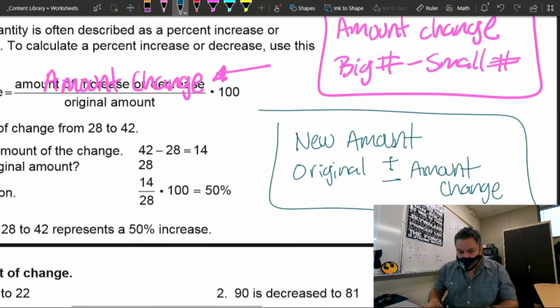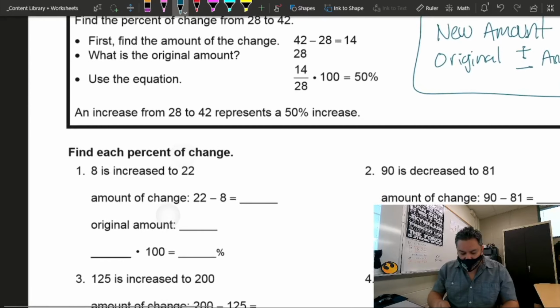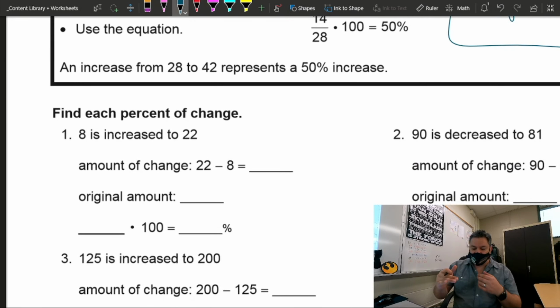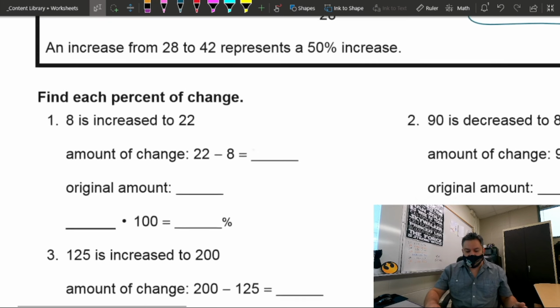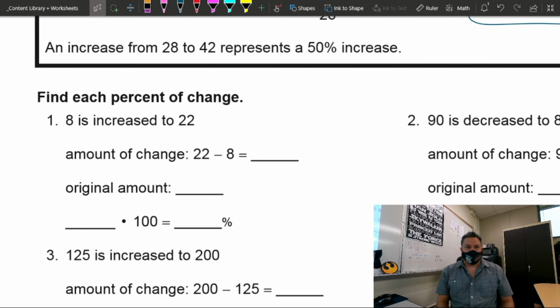So we're going to do a few samples. We're going to work over here on number 1, and this is broken down into sections. I'm going to do number 1 and 2 because I have an increase and a decrease. It says 8 is increased to 22. First of all, which one is my original? A common mistake is thinking that the bigger number is the original.